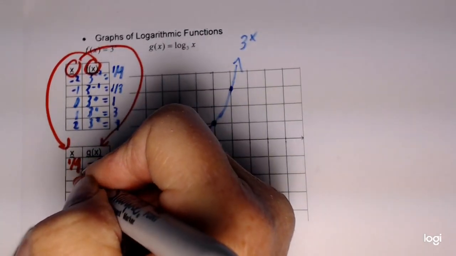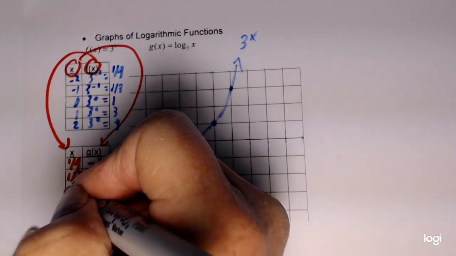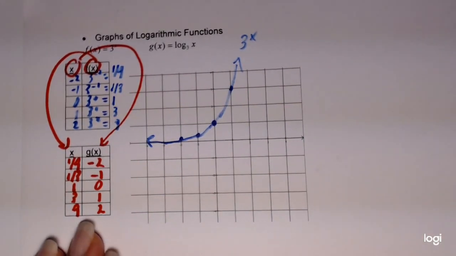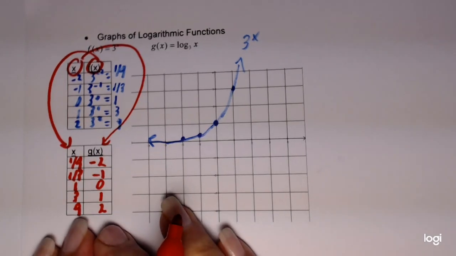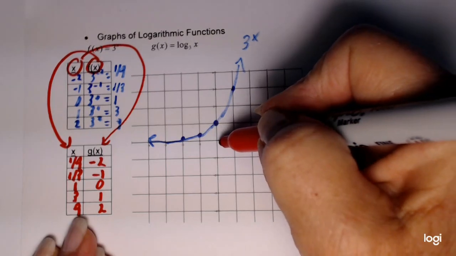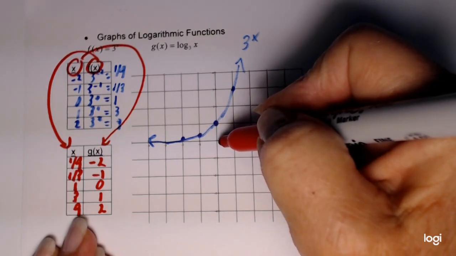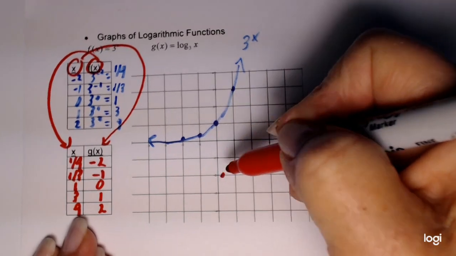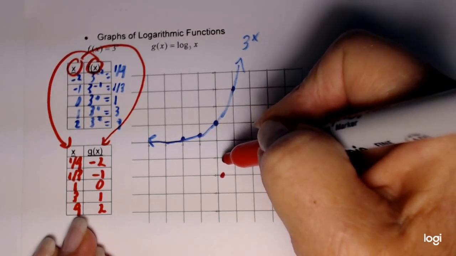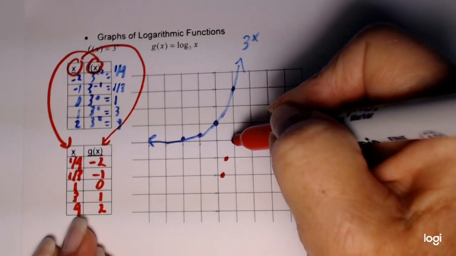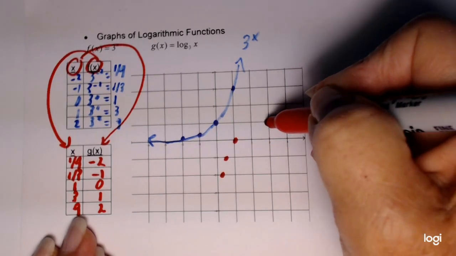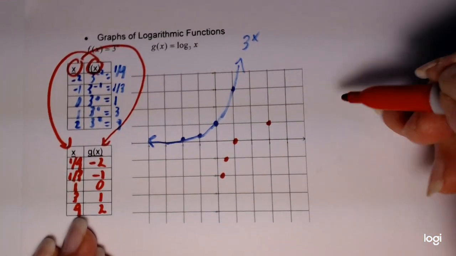So 1/9, 1/3, 1, 3, 9. Okay, so let's take these points and graph them. So when x is 1/9, again a rough approximation here, our y is -2, so we're down here. When x is 1/3, again a rough approximation, we're at -1. When x is 1, we're at 0. When x is 3, here, we're at 1. And 9, again, we're off our graph.